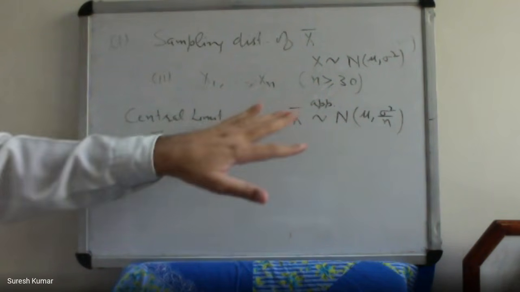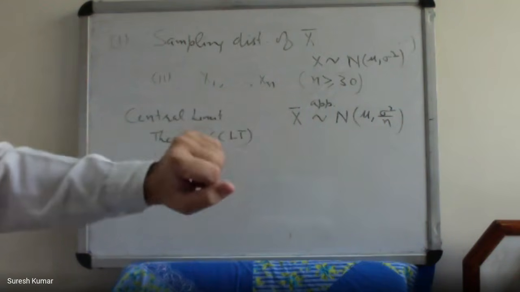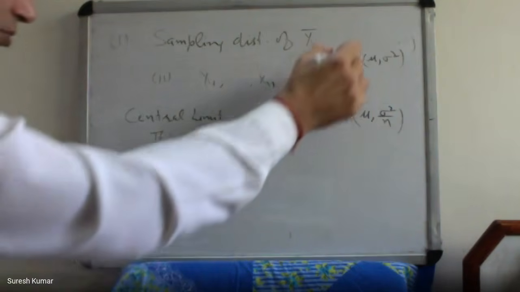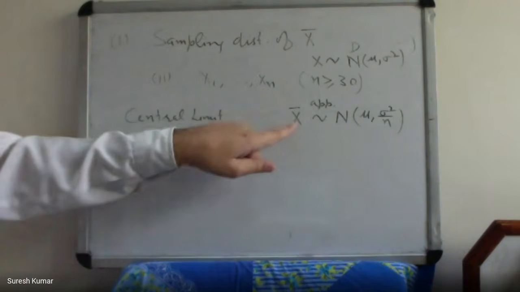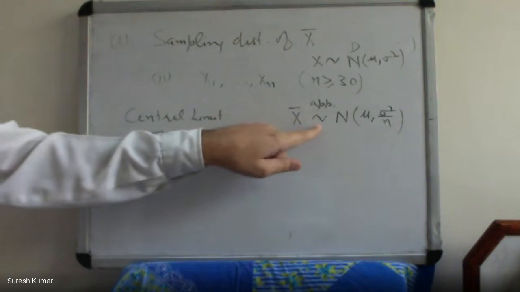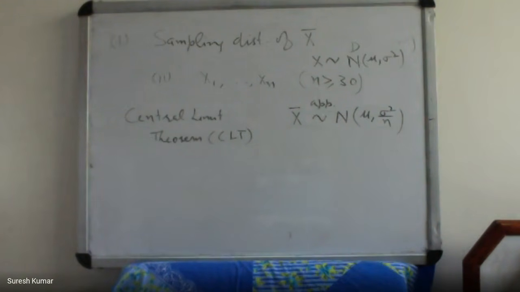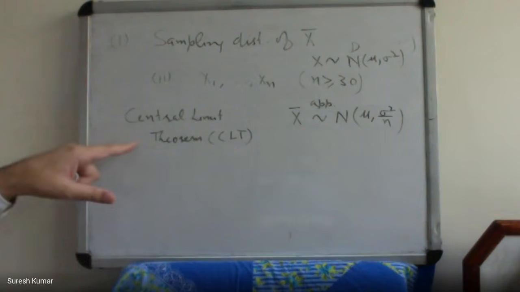So if the random sample size n is greater than or equal to 30 and it is taken from, say, a non-normal population, any distribution with mean mu, variance sigma square, then x bar approximately follows a normal distribution with mean mu and variance sigma square over n. It means the same result follows for a non-normal population also for the distribution of x bar.